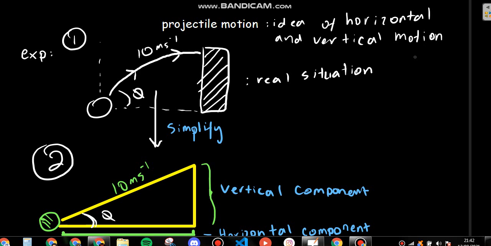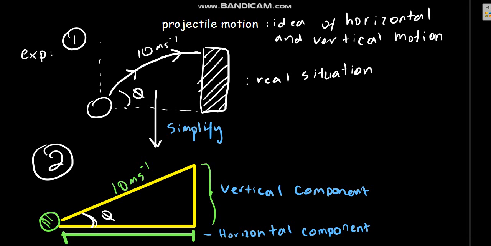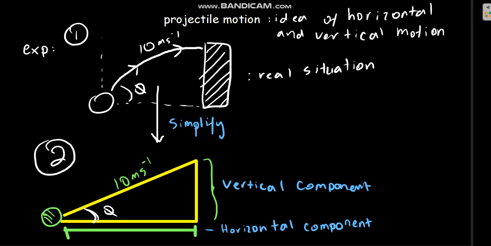So what does that mean? I don't know if you can see it very well because of my window screen, but I'll move down. What that means is that the horizontal component is going to have a constant velocity, and the vertical component is going to have a constant acceleration, which is 9.81, pulling it downwards.